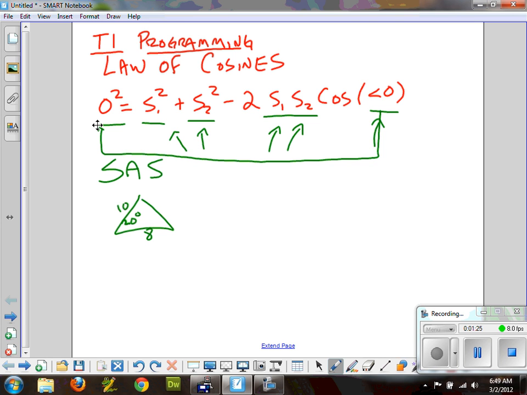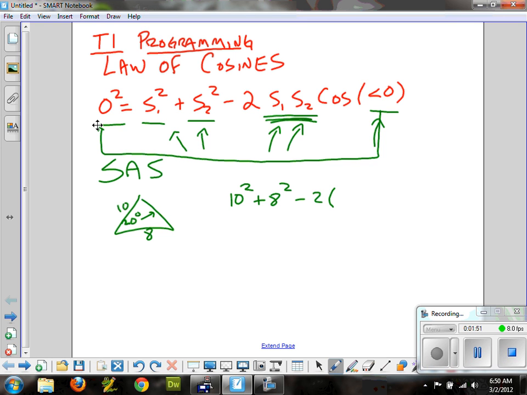All I'm interested in is the students really connecting that it's the opposite side of the angle that they're getting. If I was to plug this in, side 1 is 10, and you can actually mix up the sides, and because of commutative rules, it won't make a difference, commutative of addition or commutative of multiplication on the other side.